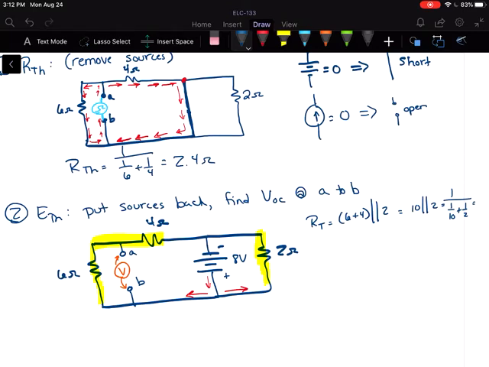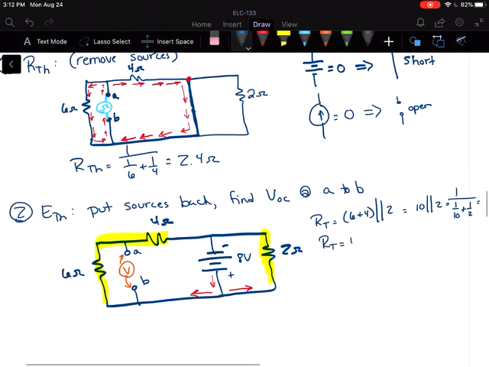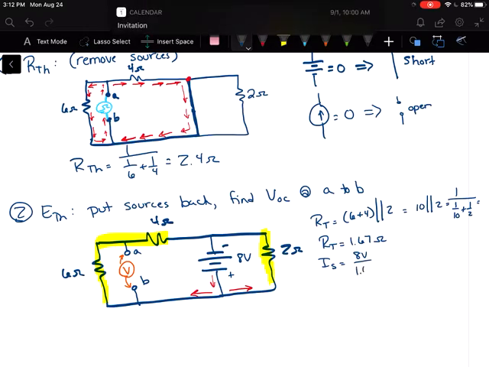Okay, so that would be 1.67. And if that's the case, I sub S would be 8 volts divided by 1.67, which is 4.8 amperes. Sorry about that.